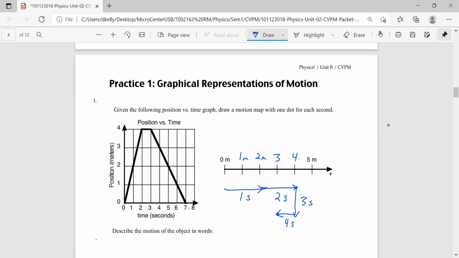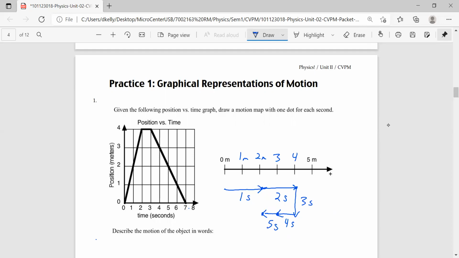Looks like it does. From 3 meters to 2 meters, next second over, which is from 4 seconds to 5 seconds, it goes from position 3 to position 2. So there we are in the 5th second.